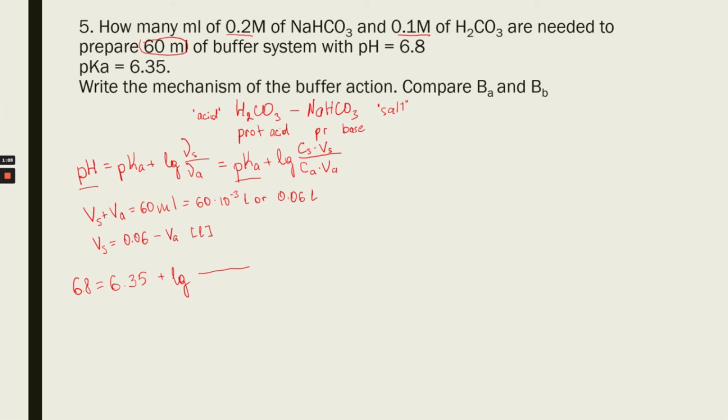It's 0.2 multiplied by the volume of salt, but I will put 0.06 minus the volume of acid, and divide by 0.1 multiplied by the volume of acid, because it's concentration of acid multiplied by volume of acid. So we see there is only one unknown number in that equation, and this is the volume of acid, and we will find it using our mathematical knowledge.